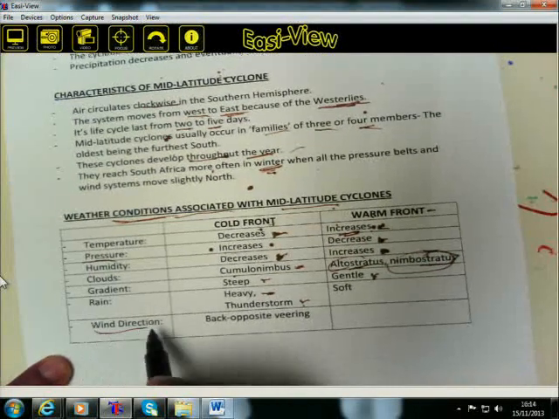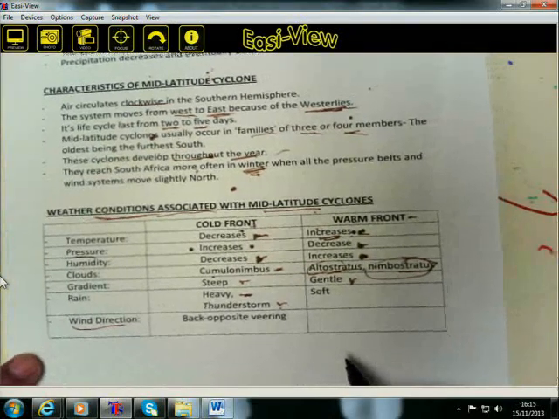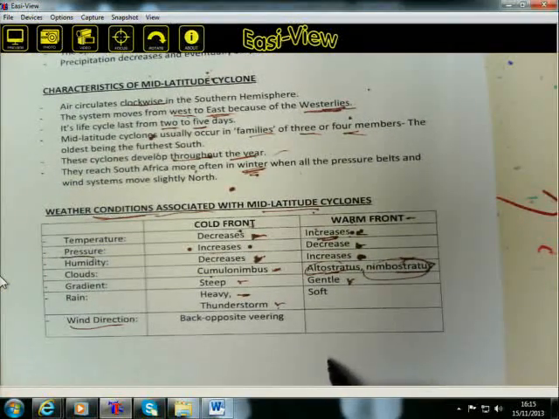Lastly, the wind direction. In the southern hemisphere, the wind will always change direction in an anti-clockwise direction.